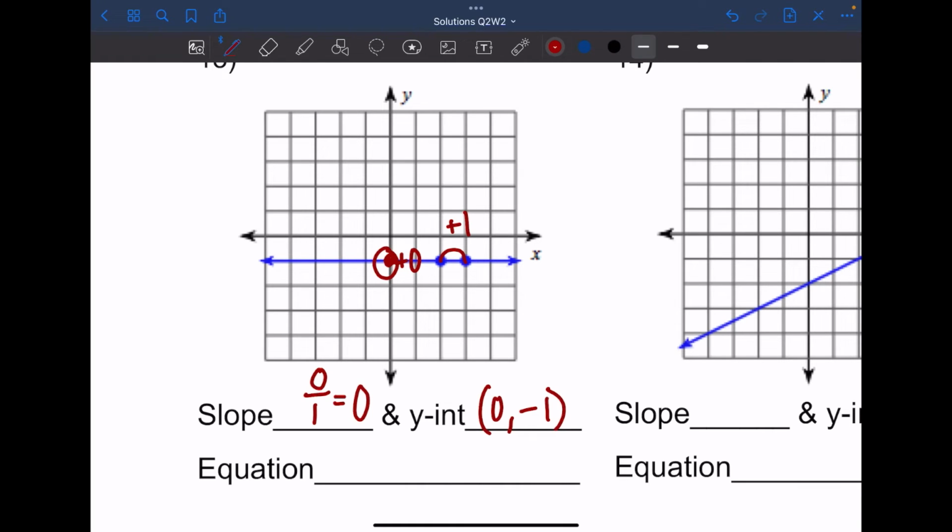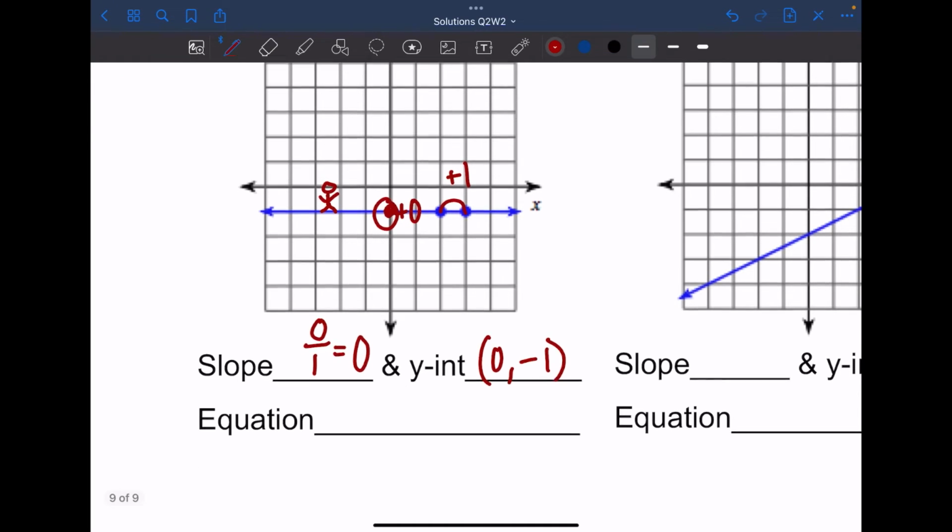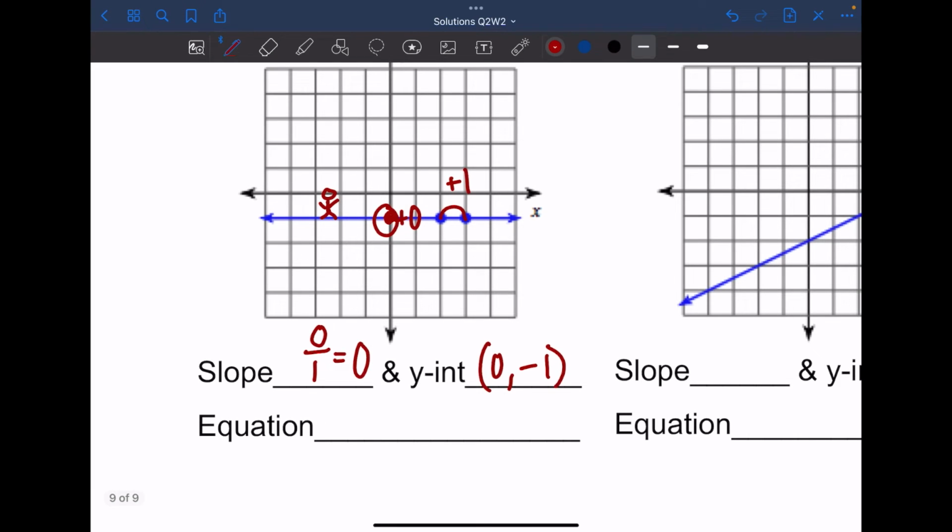So if I don't move up and down at all for my slope, then there's no slope. It's a nice flat line, and since I like to imagine slope as how steep something is, a little person walking on this isn't walking uphill, isn't walking downhill, just nice flat ground. So our equation, we're going to plug all of these things in the right places, and then you'll see what will disappear.